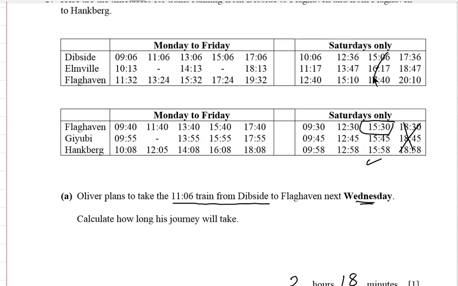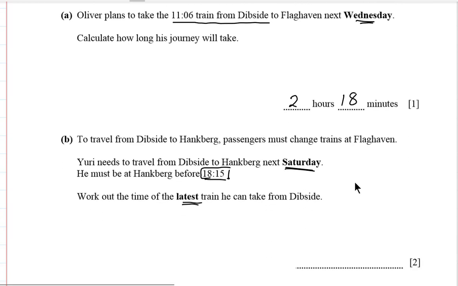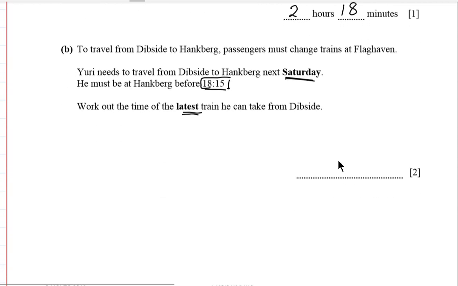So we can forget this one. We can forget this also because we will reach at 17:40. But this is a suitable one because we will reach Flaghaven at 15:10 and then wait just 20 minutes and catch this train. So the time here is 12:36. This is the answer for this interesting question.